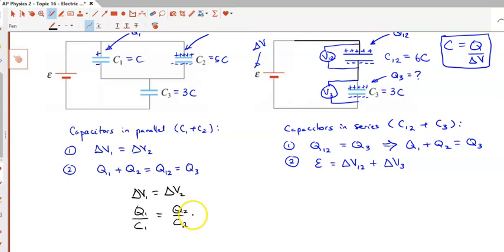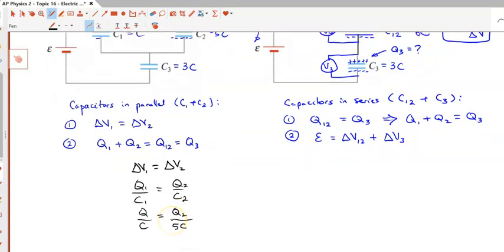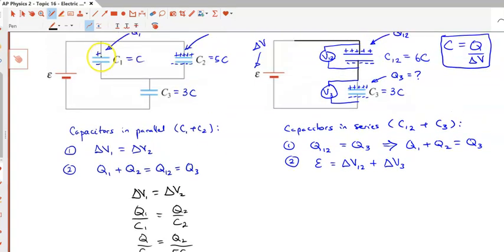Remember what we called Q1, essentially Q, and C1 we're just going to call C, because that's what it is. And then Q2 we'll write Q2, but instead of C2 we're going to put 5C. You'll see some cancellations, and essentially Q2 is equal to 5Q. So it has 5 times the charge of charge 1. I put 1 positive sign here, and there are 5 positive signs there. It's 5 times that.